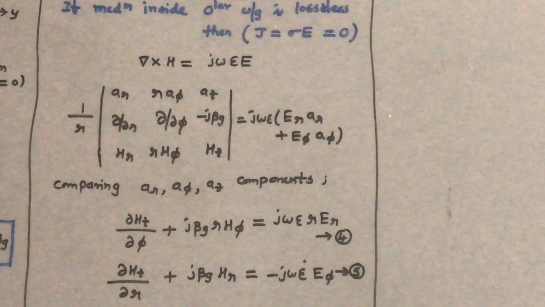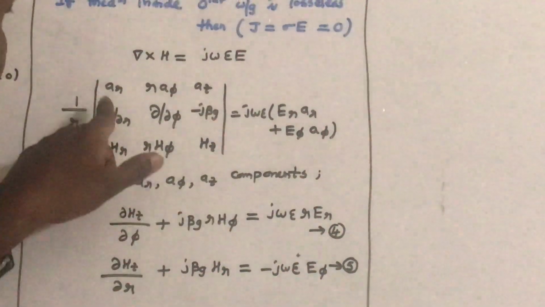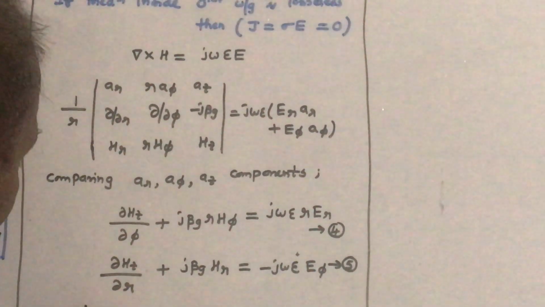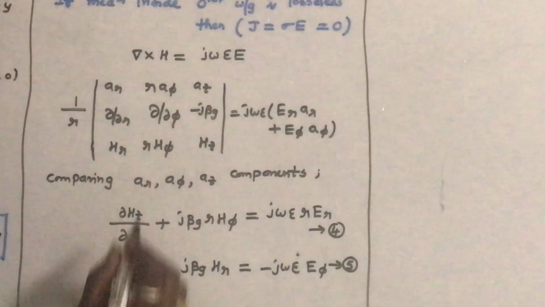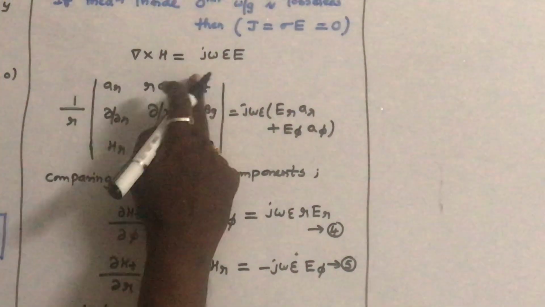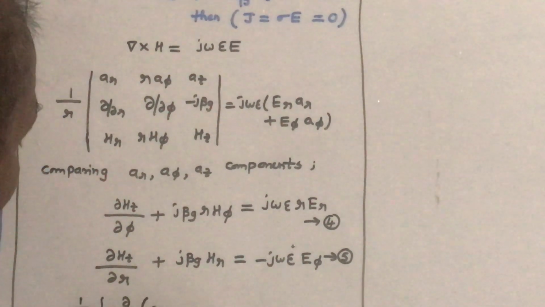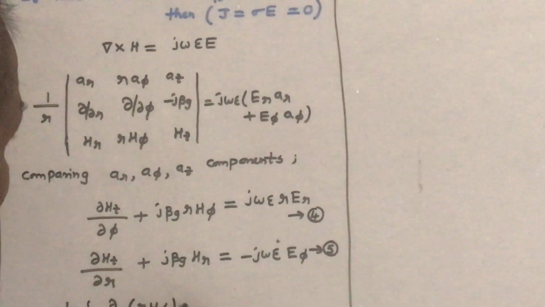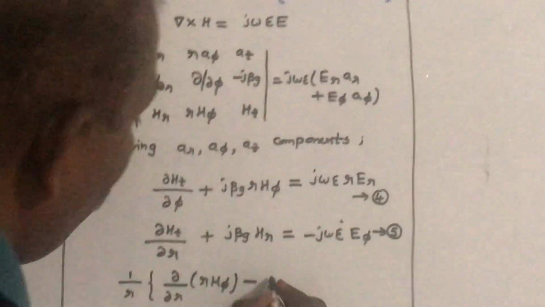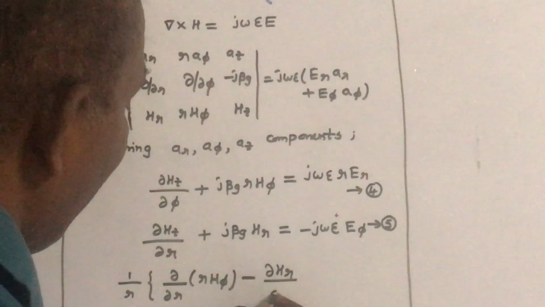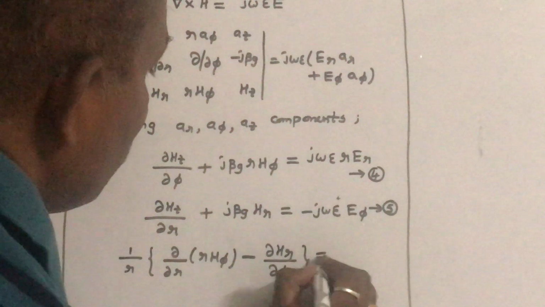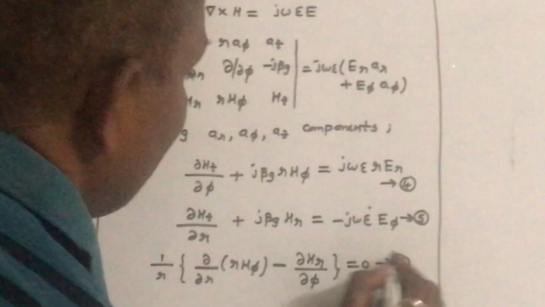Last, the Az component. What is the Az component here? It is 1 by R into dou by dou R of R H phi minus dou HR by dou phi is equal to 0. Say this as equation 6.